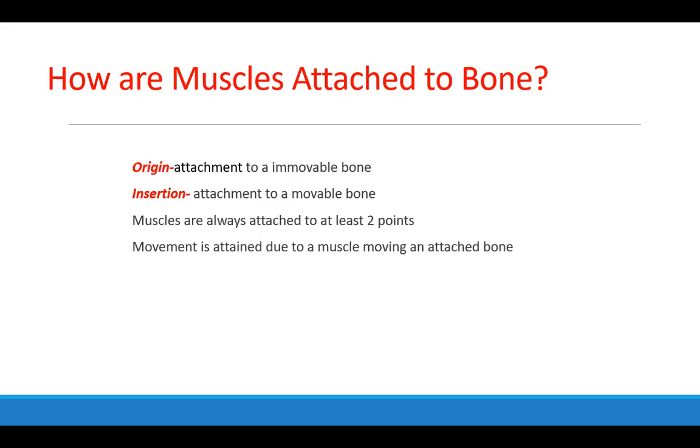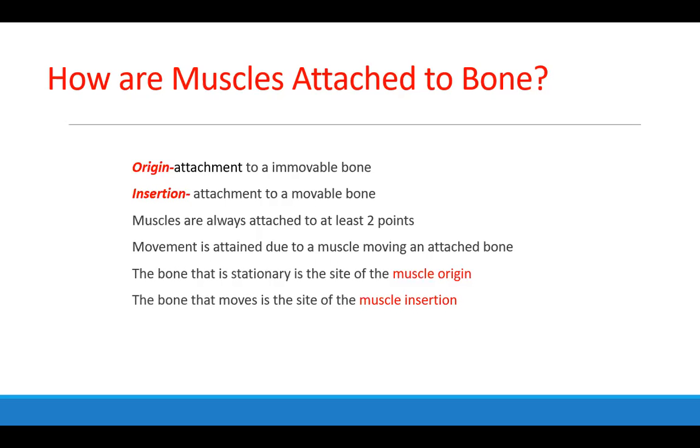Muscles aren't strong enough to allow movement to occur on their own, but they can amplify their strength by pulling on bones. Bones function as levers to amplify the strength of the muscle. So we get things done, we can do things, we can move. We pull on the movable bone and the muscle amplifies its strength. And of course, the bone that doesn't move is the origin.